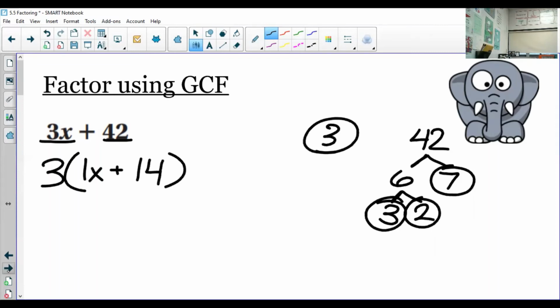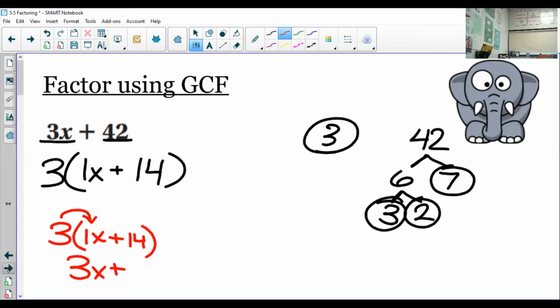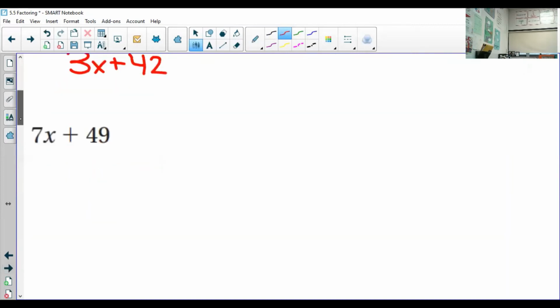Let's check our work. I have 3 times 1x plus 14. 3 times 1x is 3x plus 3 times 14 is 42. So is that going to work? Yes.